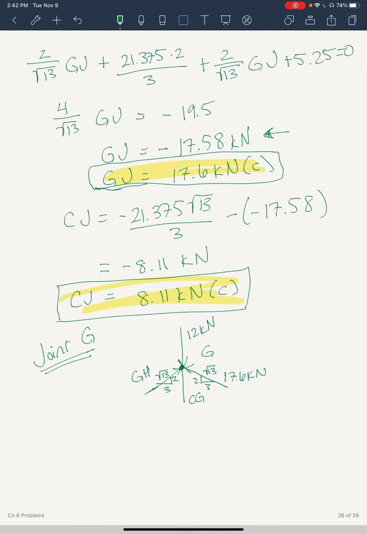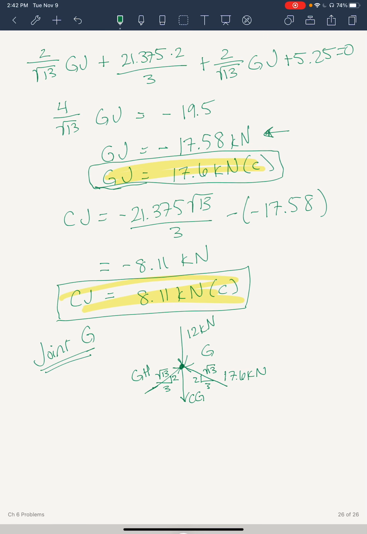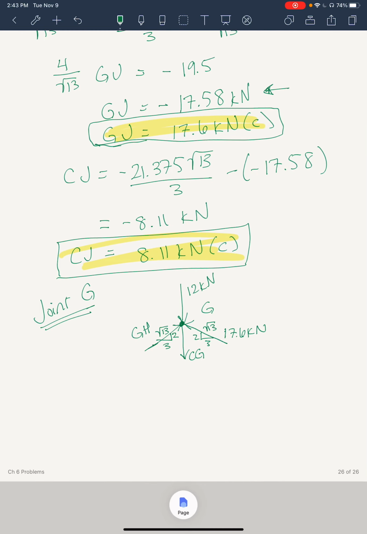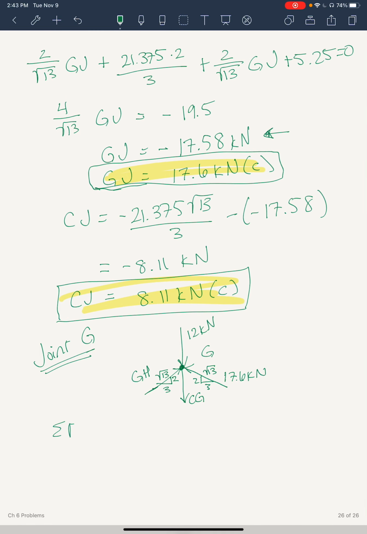And then we don't know what's CG. I'm just going to make it in tension because I'm not really sure. And so we have basically 2 unknowns here. So let's sum the forces in the y direction. Well, actually we'll sum it in the x direction first and get GH, because both GJ and CG are in the y direction. So that'll give us 2 unknowns. So we're going to have to solve for GH also.